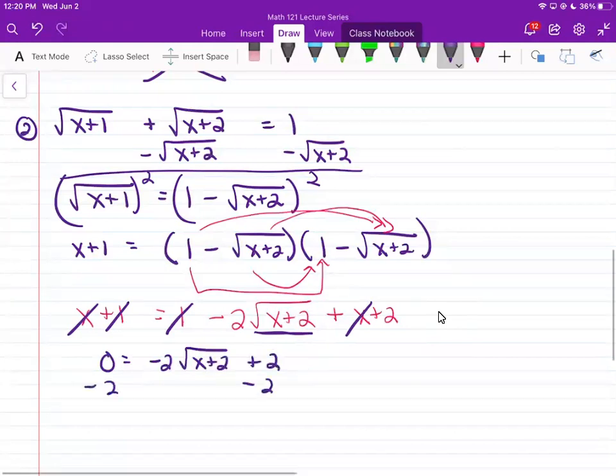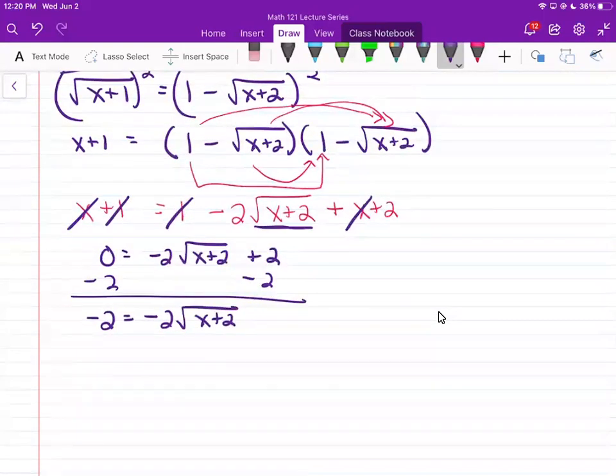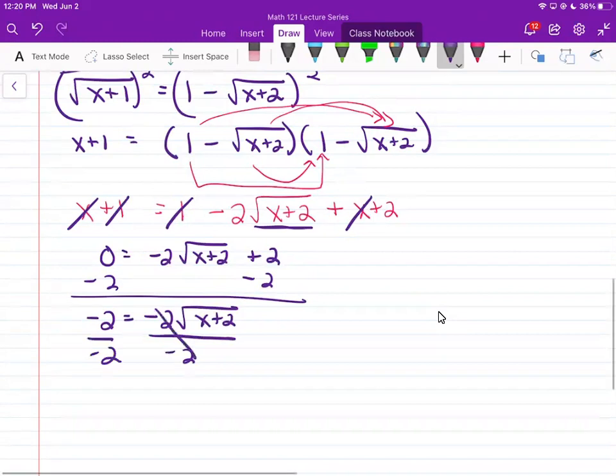I'll subtract 2 from both sides, leaving me with -2 equals -2 square roots of x plus 2. Again, trying to isolate the radical, I'll divide both sides by -2. And so I get 1 is equal to the square root of x plus 2.